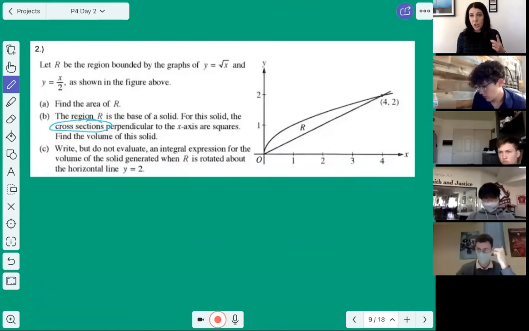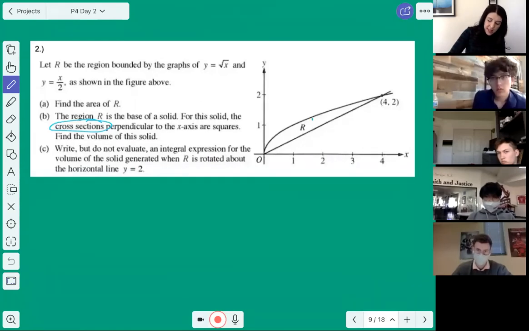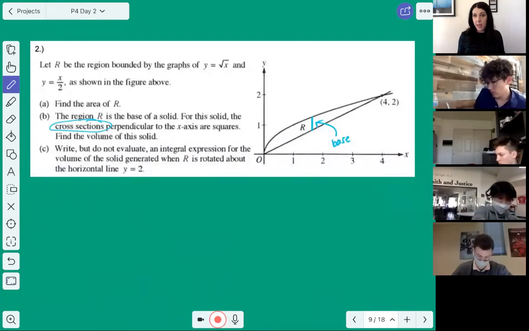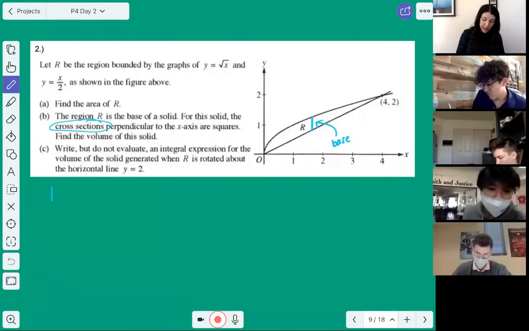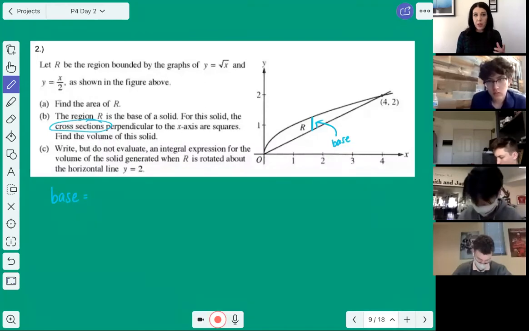Okay, so we have cross sections. The first thing I would do is draw one little cross section. So we have cross sections perpendicular to the x-axis. That means this portion is going to be my base. That little line, perpendicular to the x-axis, is going to be my base. So now I want to come up with an equation for that base. Let's think about this.